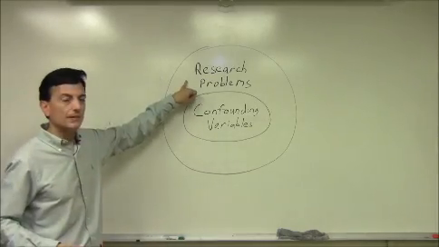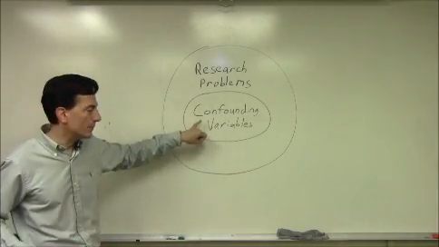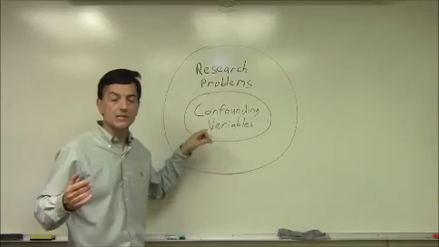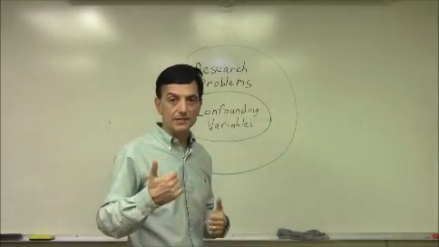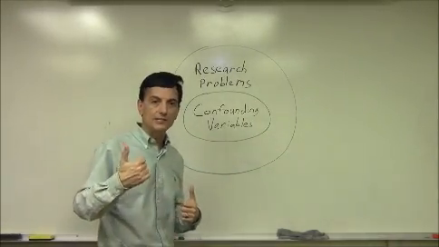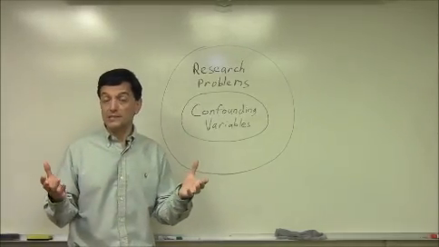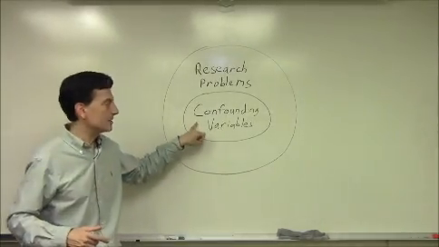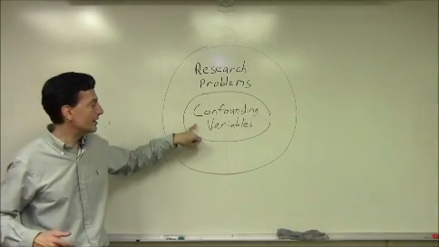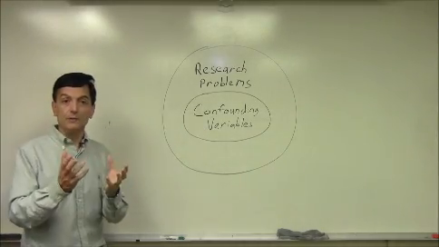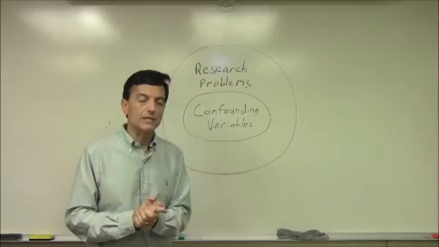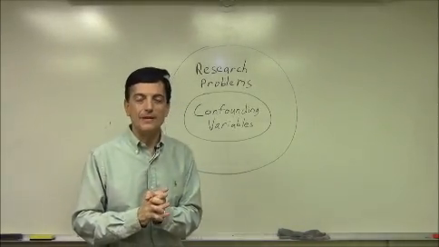That would be a problem, but it wouldn't be a confound. And the reason it wouldn't be a confound would be because we would have really slow pitches in the red condition and really slow pitches in the blue and green conditions. So the fact that there are slow pitches is problematic in general, but it isn't specifically a confound, the scenario in which we have some variable, like ball speed, systematically covarying with the independent variable.